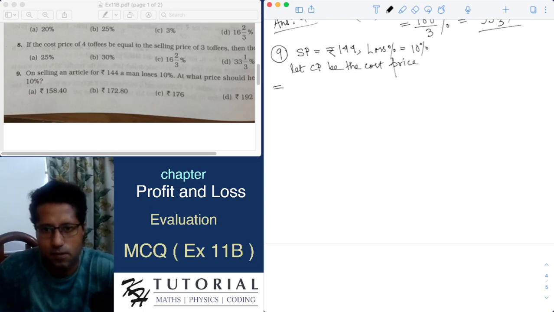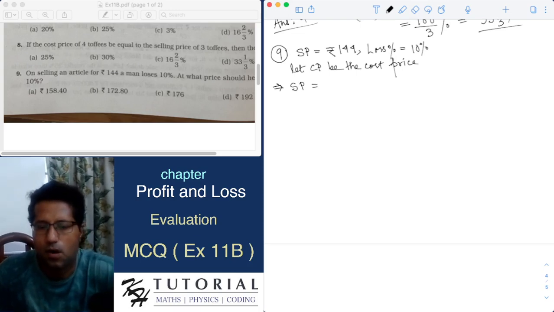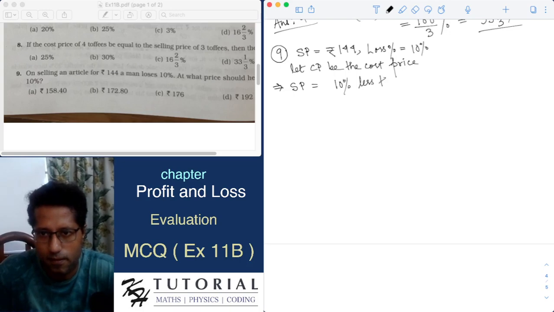This implies SP should be, since there is a loss of 10%, SP should be 10% less than CP.